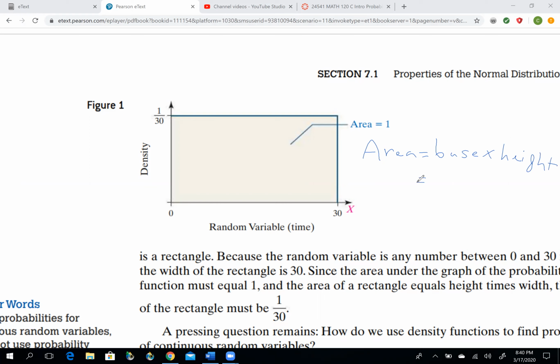My base is 30, because again, it's 0 to 30, times my height, which is 1 over 30. If I multiply these together, 30 times 1 is 30, over 30, is equal to 1. So that's why the area of this rectangle is equal to 1.